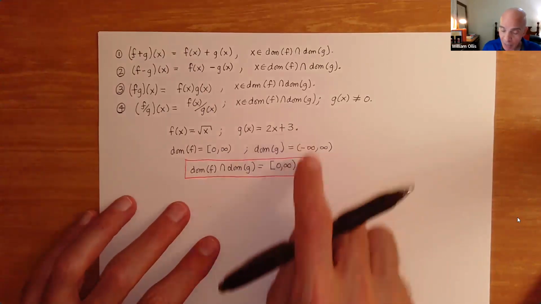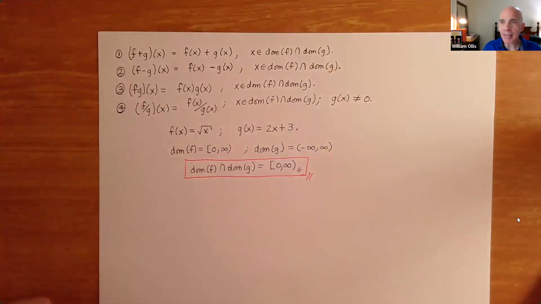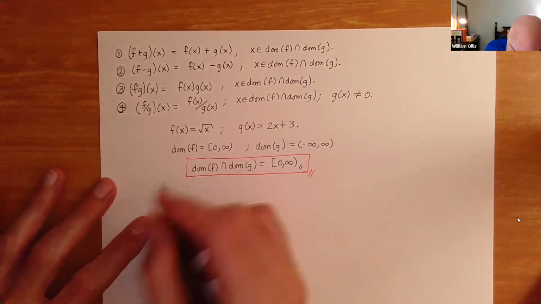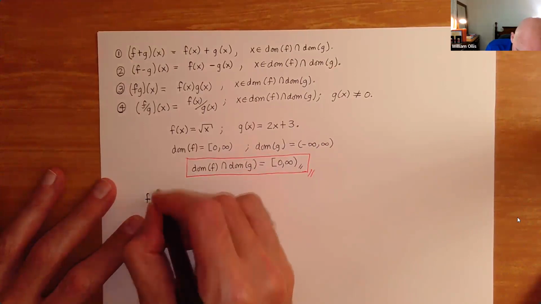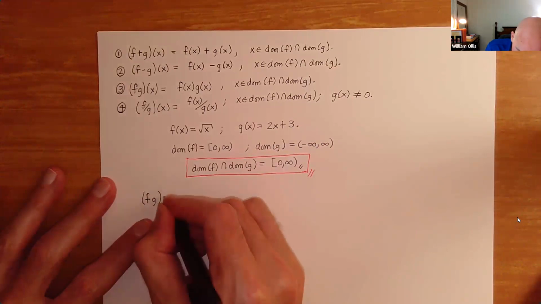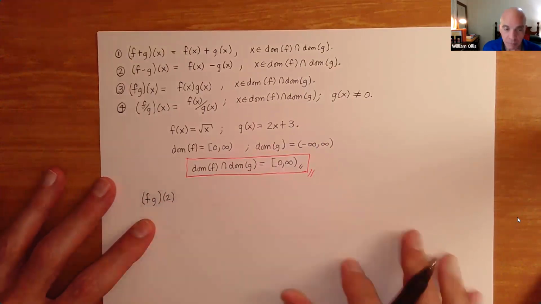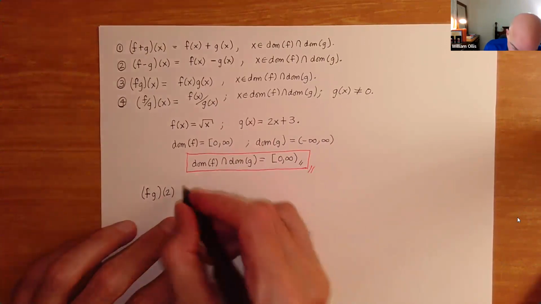So here's an example of what we're talking about here. So again, as you do things pointwise, we might say the following. Say if we had f times g of 2. Okay, well, we just apply the definition.